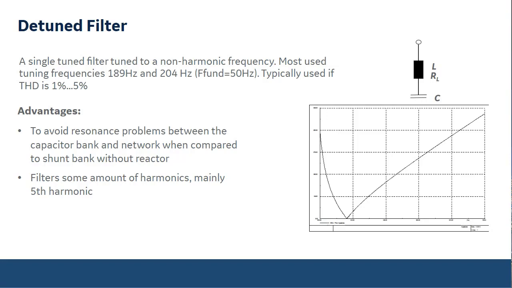It filters some amount of harmonic, mainly only fifth, but little bit seventh and so on, but it's very minor in there. So this is just to produce fundamental frequency reactive power in a network where you have harmonics. So this is not really doing much filtering in there. It does a little bit, but only very little.